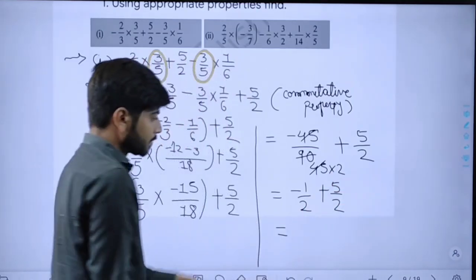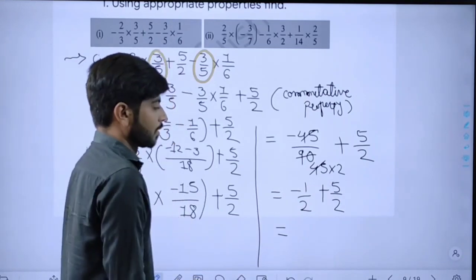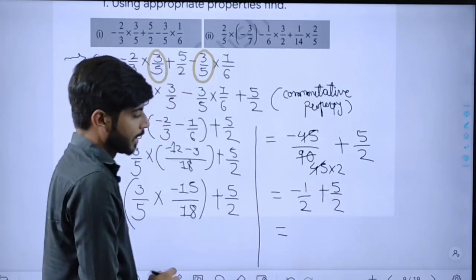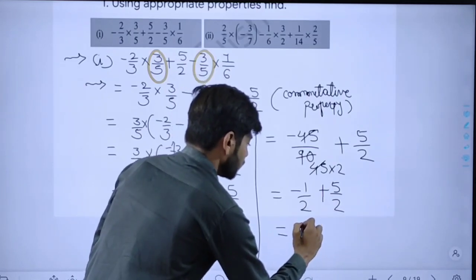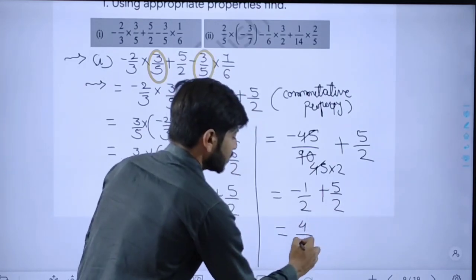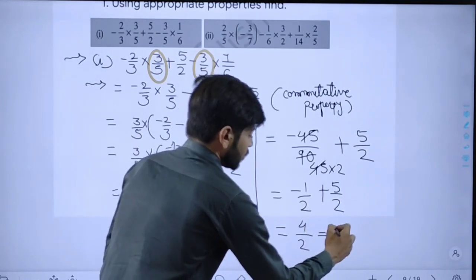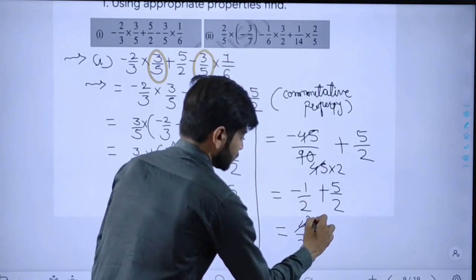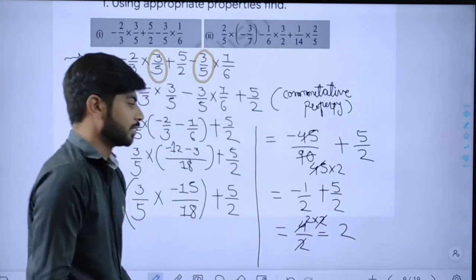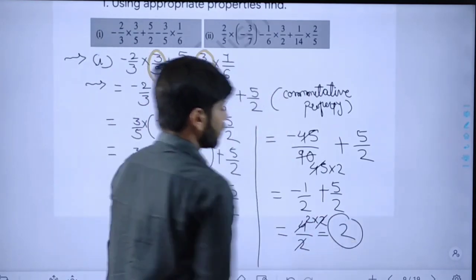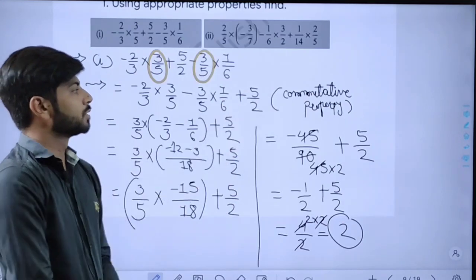So it will be minus 1 plus, the denominators are same, so we will add the numerators. So minus 1 plus 5 will be 4, and denominator as it is, so we will get 2 2s are 4. So the answer will be 2. Okay, so which property is used?